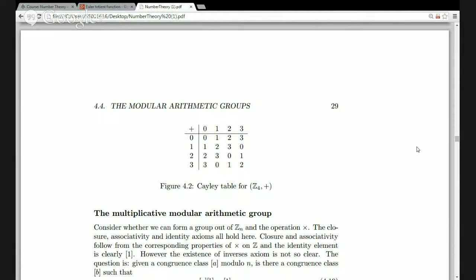The group inverses are there. The 3 is the inverse of 1, 2 is its own inverse, and so on. And there's not a huge amount of interesting structure there. The Cayley table is very periodic. Each row of the Cayley table is just the previous row shifted one space to the left. There's not a huge amount of mystery here.